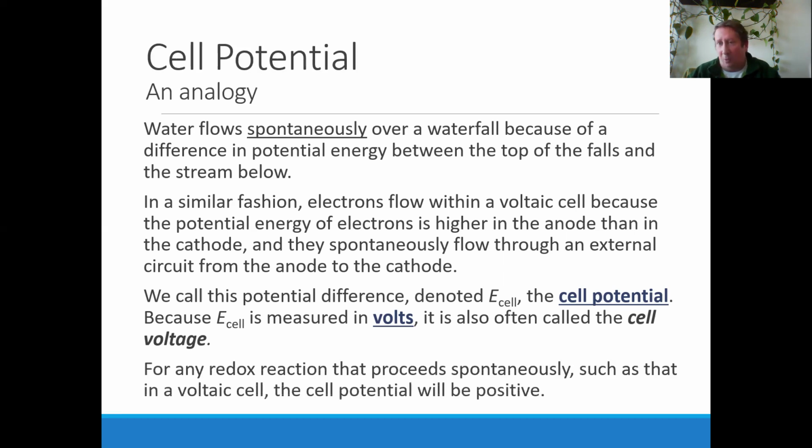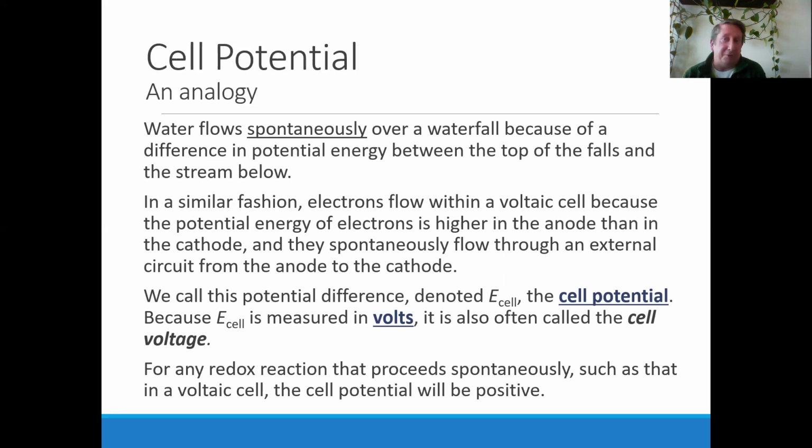So when you see the 1.5 volts on the side of your little battery that you're putting into your device, that's a 1.5 volt battery. That's the cell potential produced by that battery. Right? Now, in any redox reaction that is proceeding spontaneously, so if we're talking about the redox reaction from electrons going from zinc to copper, the one we've been discussing, the voltage will be a positive number.